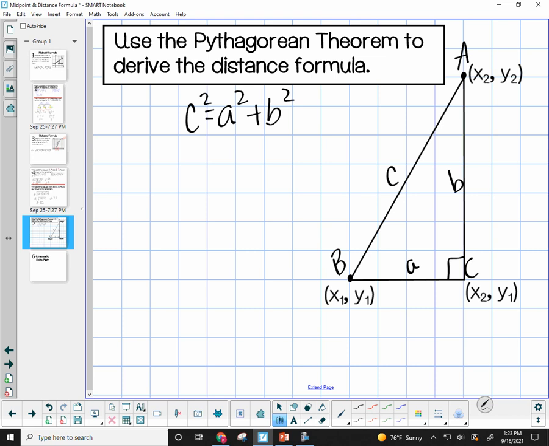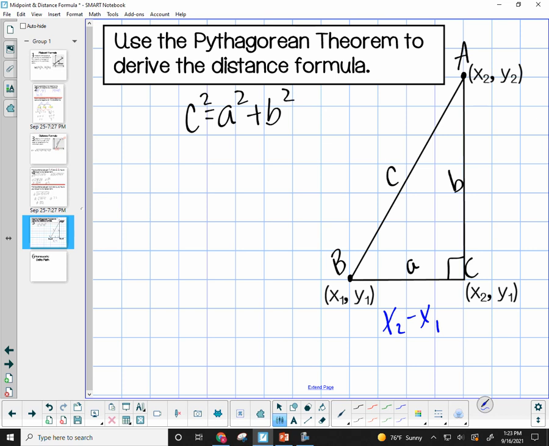What if this was graphed on a grid and this number, this x sub 2 was 20 and this was 8? How could I find the length of this horizontal piece without having to count 1, 2, 3, 4, 5, like count all the grid lines? If this is 20 and this is 8, what can I do? I can subtract them, right? So I could call this side x sub 2 minus x sub 1. Right? Whatever the biggest coordinate is minus the smallest coordinate.